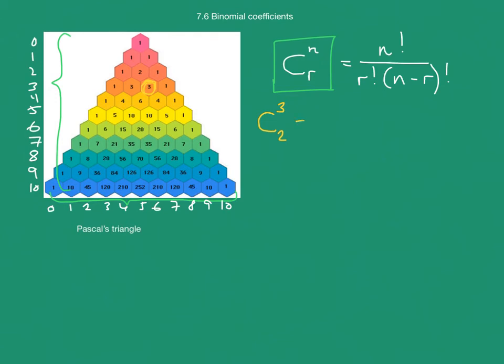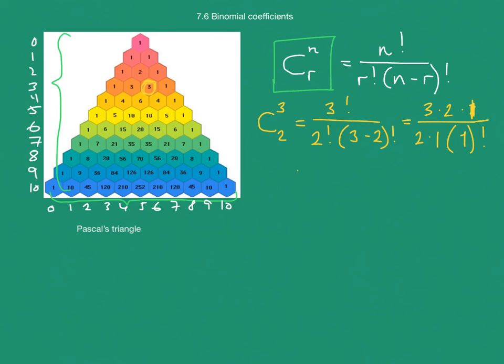And now we know that we need to translate this into 3 factorial divided by 2 factorial multiplied with 3 minus 2 factorial, which is the same as 3 times 2 times 1, divided by 2 times 1, multiplied with, well, 3 minus 2, that's just 1 factorial, which is 1.